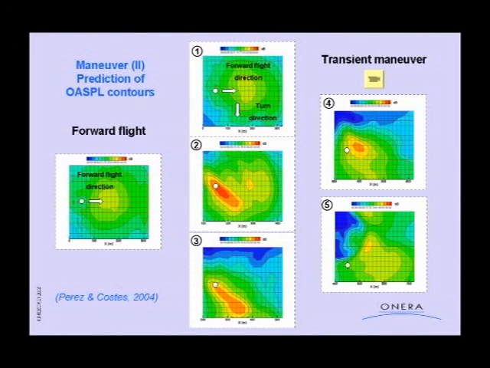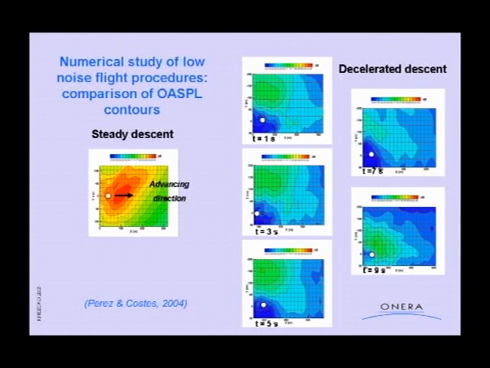And so if you increase the thrust, you push the vortices downwards. So there is a way you see the noise decrease. Of course, I must say that there has been no validation up to now of these calculations, which were presented very recently.